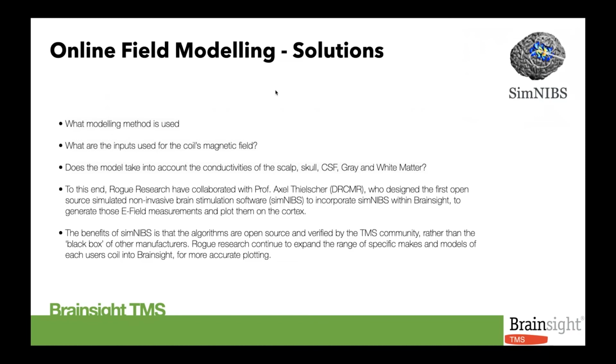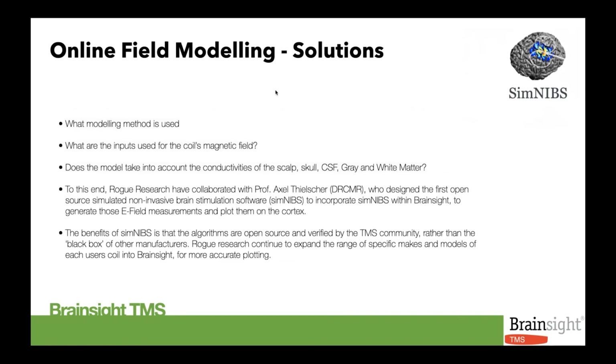And also, does the model that we're using to segment take into account those different conductivities of each tissue? If they are taken into account, are they taken from subject-specific MRIs or from one given standard head model?